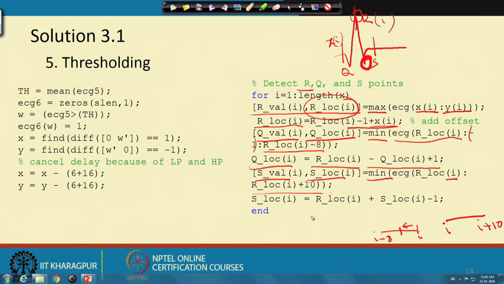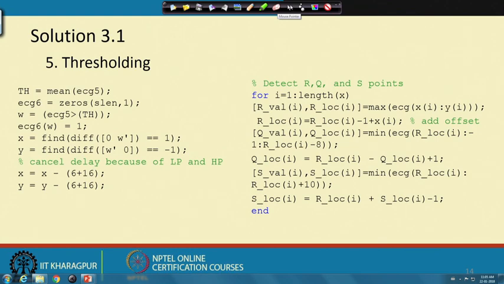So, we need to use the offset, r location minus 1, and add that to find out the location with respect to the original ECG signal. All these things would run in a for loop, as many times as the number of R peaks we have received.